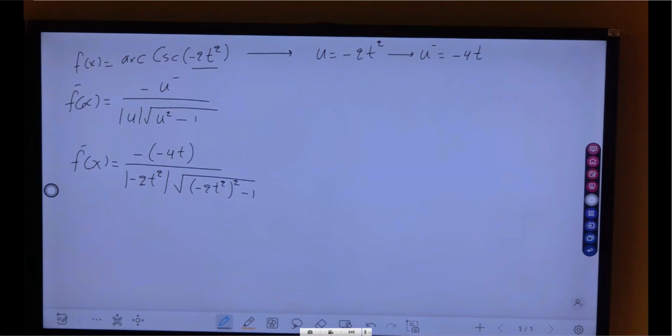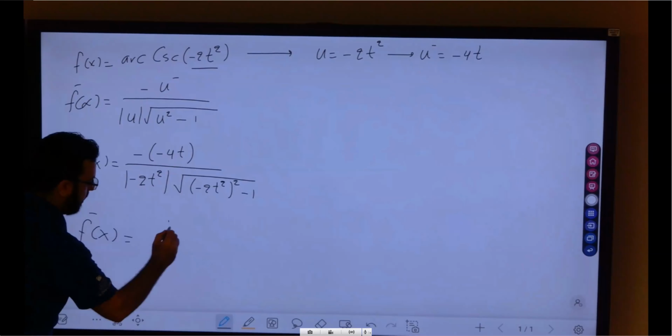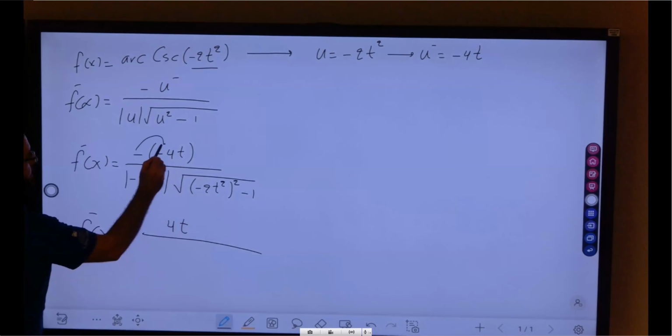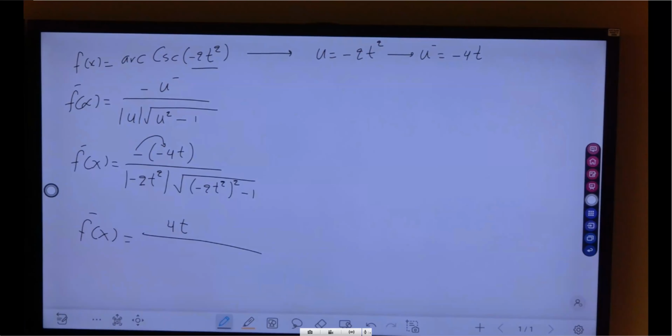Now, can we simplify it? Here it's 4t, then I multiply negative times negative. What's the absolute value of everything here? 2t squared.